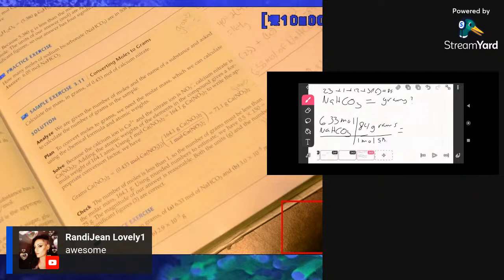So when you plug this in the calculator, so when you multiply 6.3 times 84 divided by 1, the number you're going to get is, sorry, when you plug that into the calculator, wait, I'm trying to see something real quick.